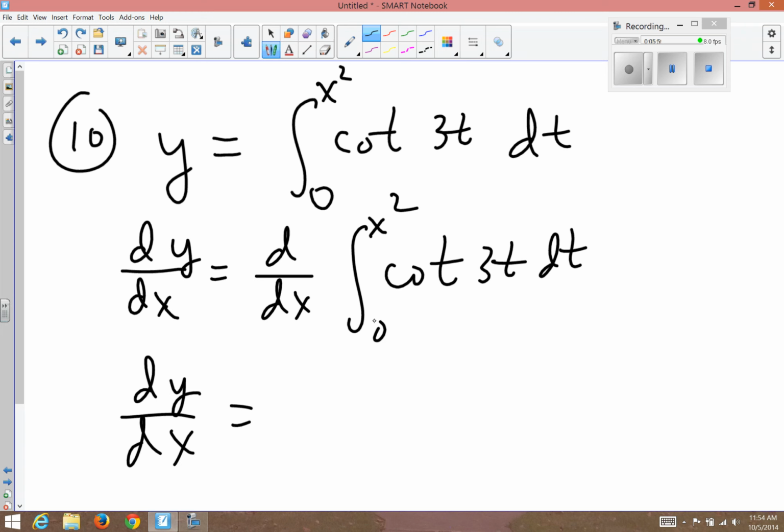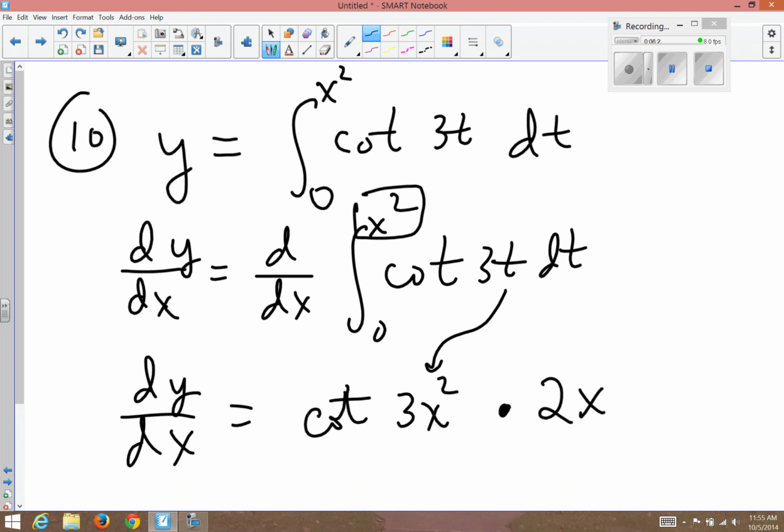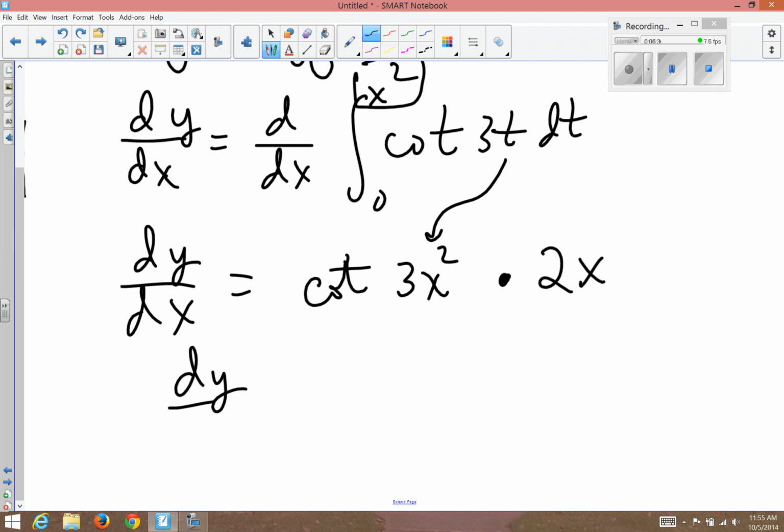So here we have the derivative of the antiderivative. The result is just this integrand, cotangent 3t. Take a hike, x squared goes in its place. We also multiply by the derivative of whatever this upper limit is. So the final answer to number 10 is dy/dx equals 2x times the cotangent of 3x squared.